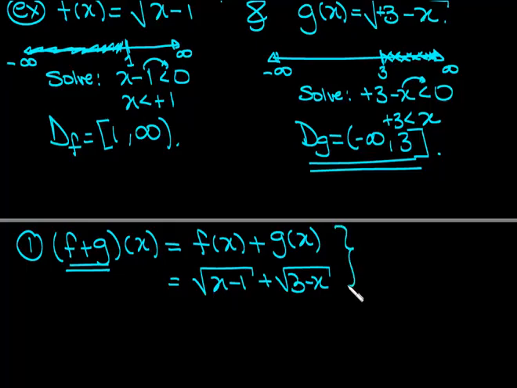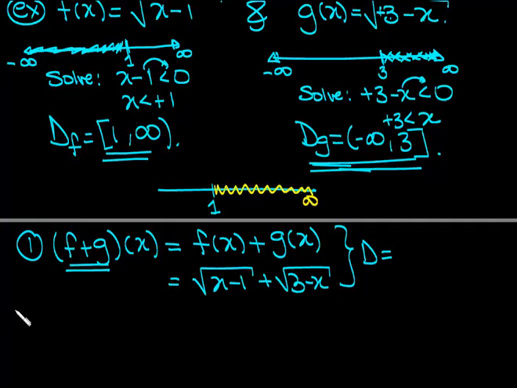What's the domain of this function? The domain of this function is where these two domains overlap, where they intersect. Let me just show you. I'll use a different color. This is the domain of f, from 1 to infinity. And the domain of g is everything from 3 to minus infinity.